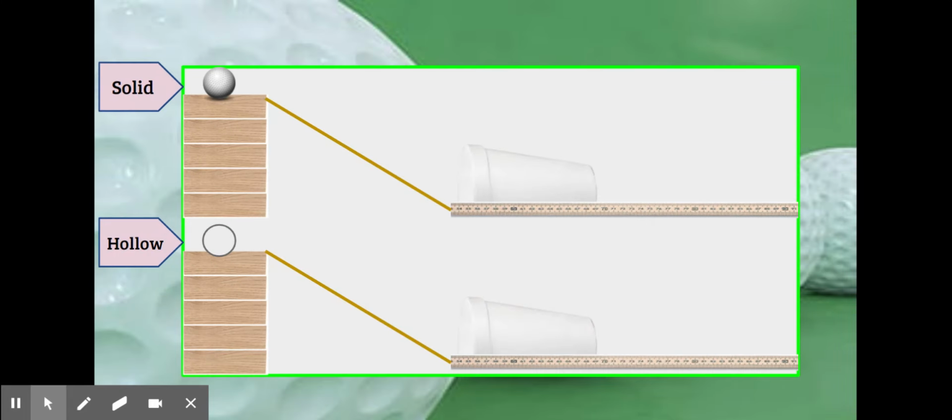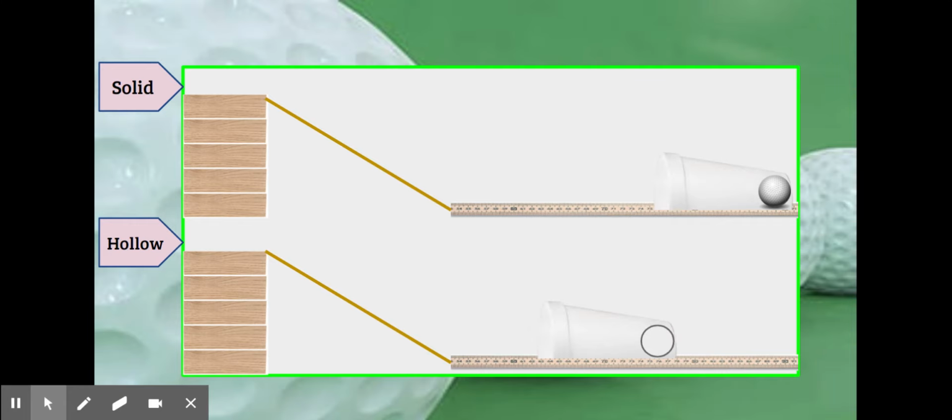We also found out that the mass of an object plays a role in how much GPE and KE an object has. So the solid golf ball, when we released it from a ramp height of 5 blocks, traveled a much further distance than the hollow golf ball released from the same height. The cup did not travel as far.